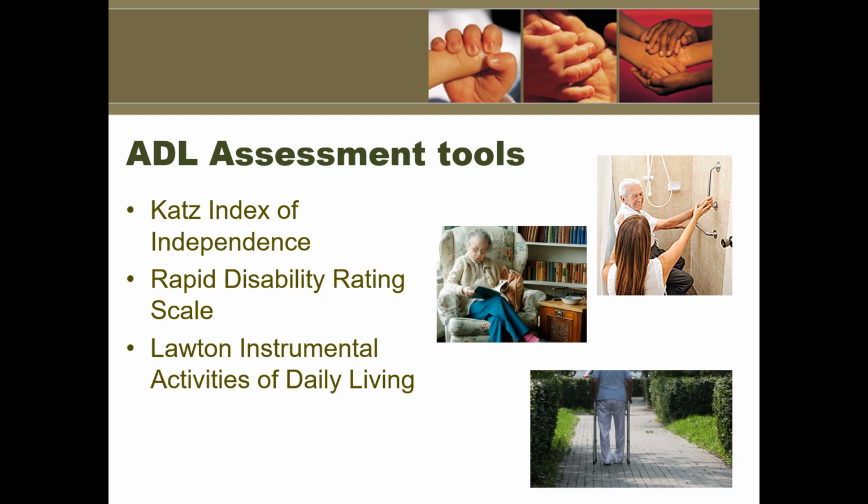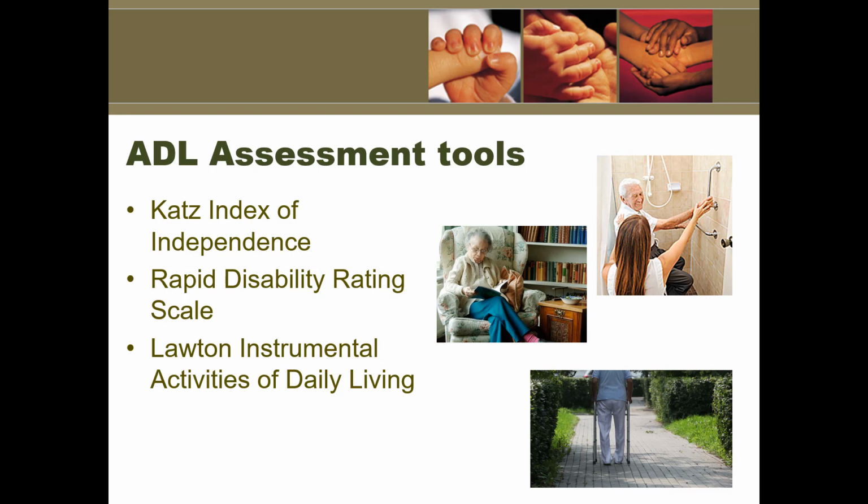The Katz Index of Independence in Activities of Daily Living, commonly just referred to as the Katz ADL, is the most common instrument to assess functional status. And then again, nurses typically use this tool to detect problems in performing activities of daily living, and then we can plan care accordingly.